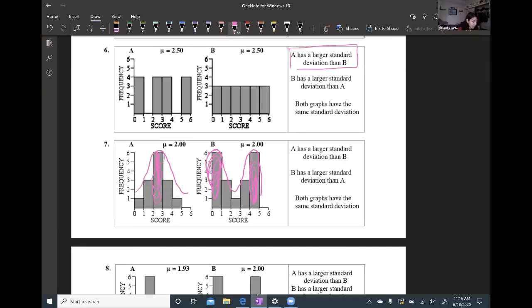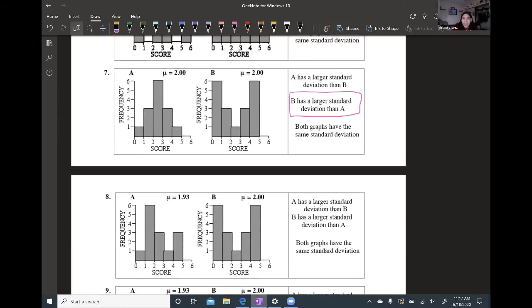Versus if you have most of your data in the middle, your standard deviation will be smaller. So if you have most of the data on the sides, it'll have a bigger standard deviation. So number 7 will be B, because most of the data is on the sides instead of the middle.